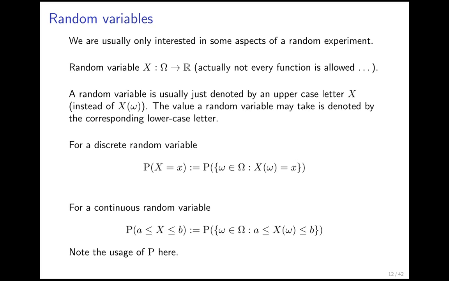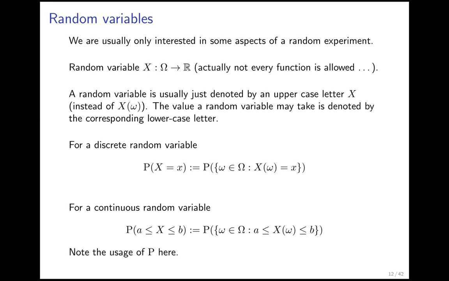But for example, we're interested in how often we did get a 6. We're not interested whether it was the first 5 times, but we're interested that it was actually 5 times. And then it gets really hard to explicitly define these probability spaces. And that's when random variables come in very handy.